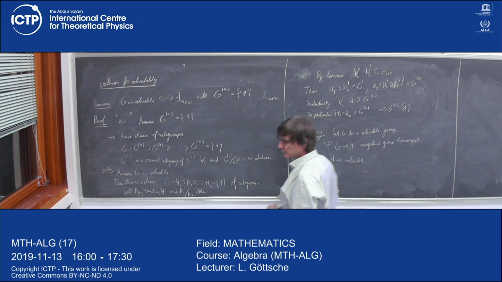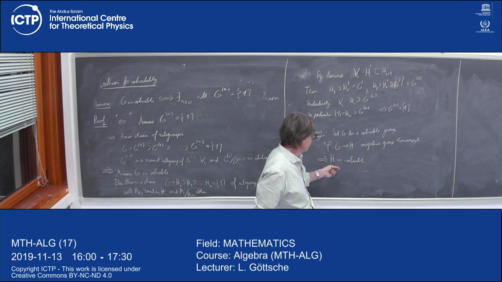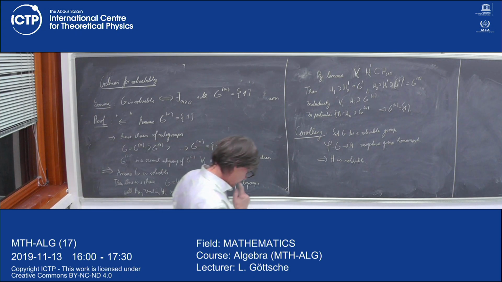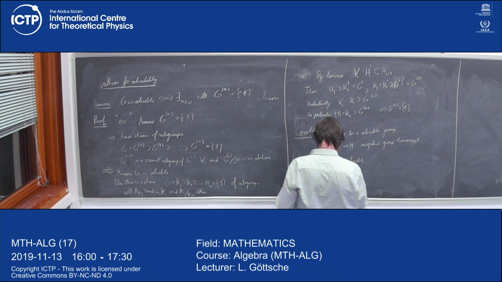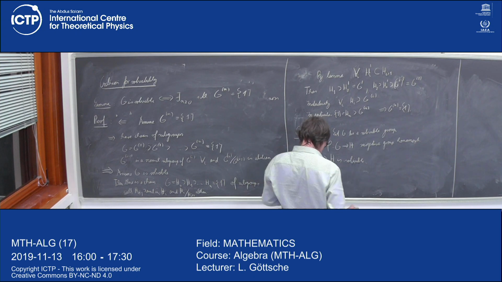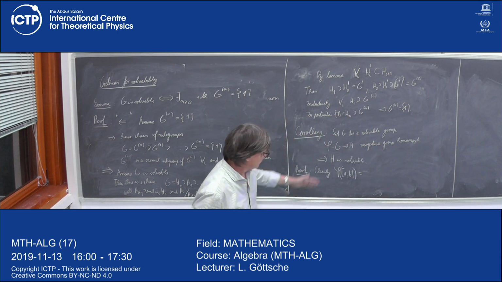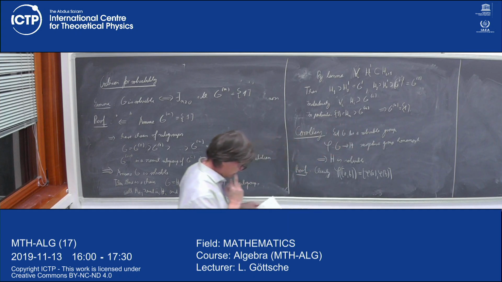I mean, that's very reasonable, no? Because if this group H is in some sense simpler than G, so if this was solvable, this should be solvable too. But it's not so easy to see this directly, but it follows directly from this criterion. So clearly, just by definition of homomorphism, if I apply phi to the commutator of two elements, this is just the commutator of the images. That's just the definition.